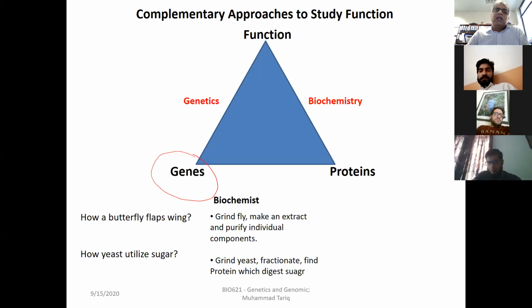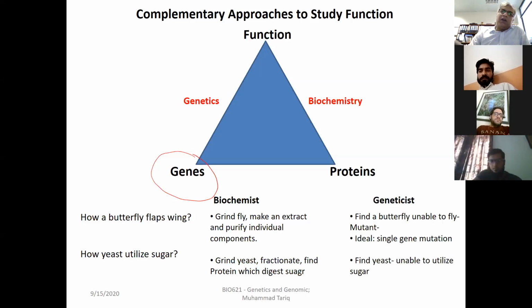In contrast, the geneticist is actually focusing on keeping the organism alive. It's not going to kill the organism. Rather, it tries to create a mutant. In genetics, we create mutants.